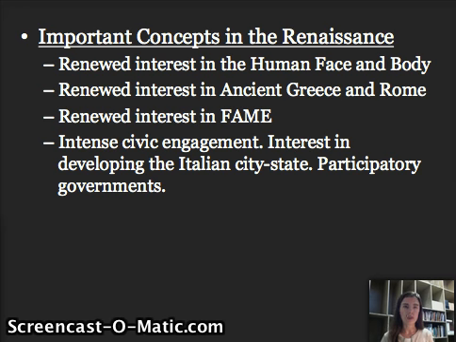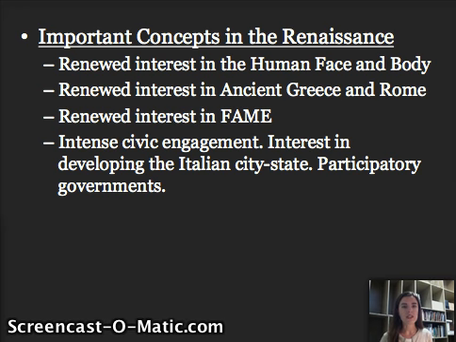We see a renewed interest, as I mentioned, in ancient Greece and Rome, a renewed appreciation of these ancient cultures and their art styles, and an interest in individual fame. We often talk about humanism being associated with the Renaissance, an appreciation of humans and the human experience. When we think of the humanities, we're thinking of ideas of humanism and an interest in individuals.